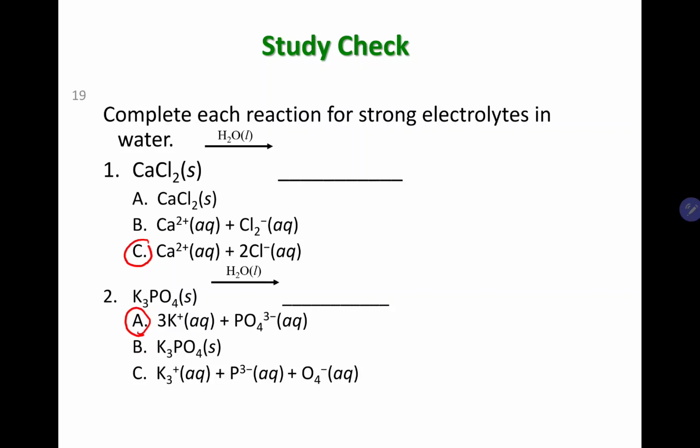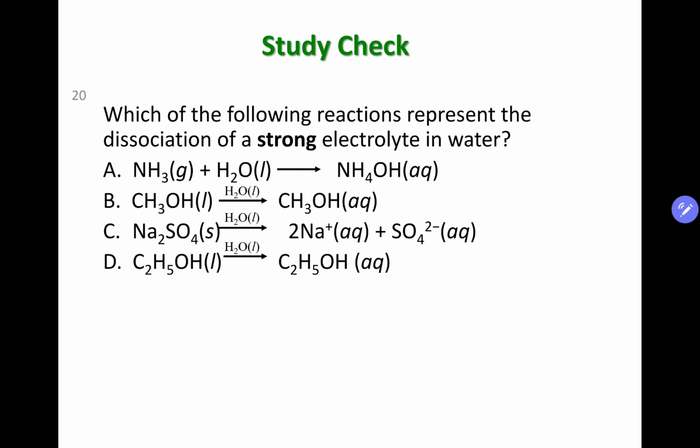If you pick C, that is wrong. In here phosphate is a polyatomic ion, so it is PO4 3 minus. This is phosphate, and potassium is K plus. So don't pick C. That is how you do this study check.